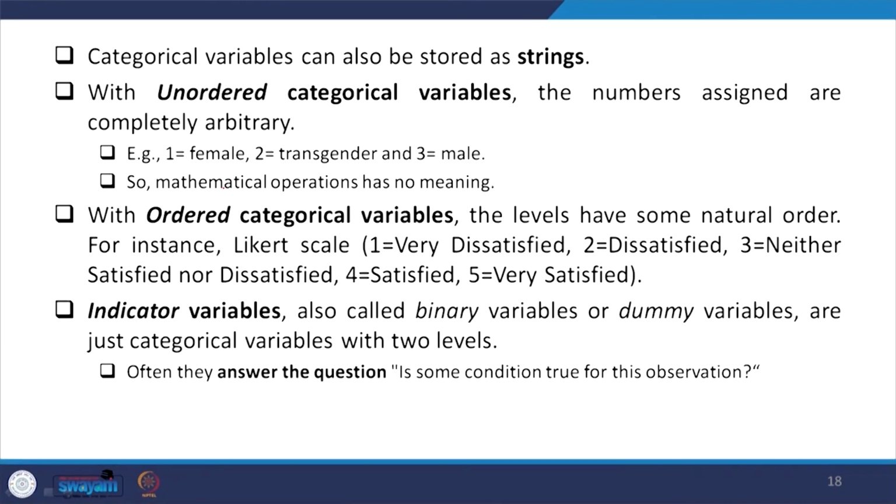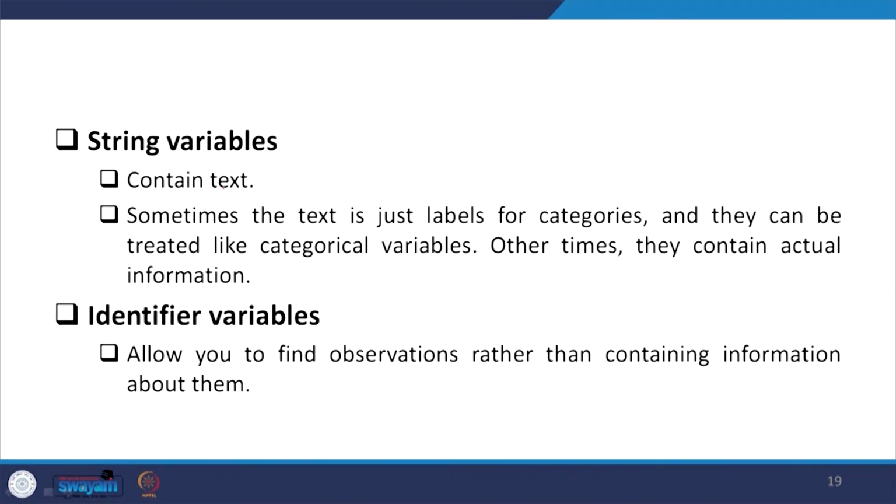Though options are generally yes and no, you have to indicate one. So, this only indicates; it is nothing to do with ordering or category. These are generally called dummy variables or binary variables. Often the question answered is whether some condition is true for this observation, and the options will be one, yes or no. Now, string variables need some further clarity.